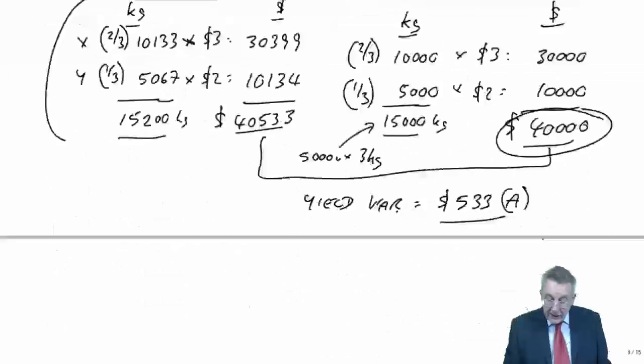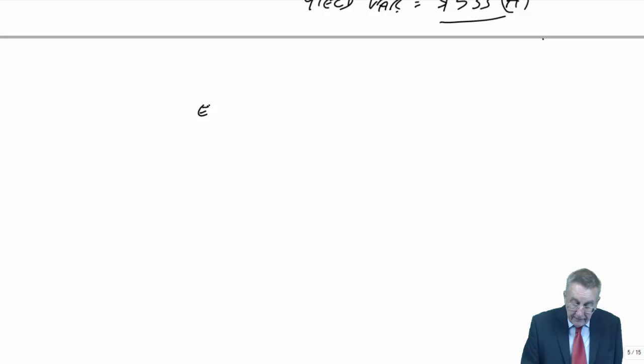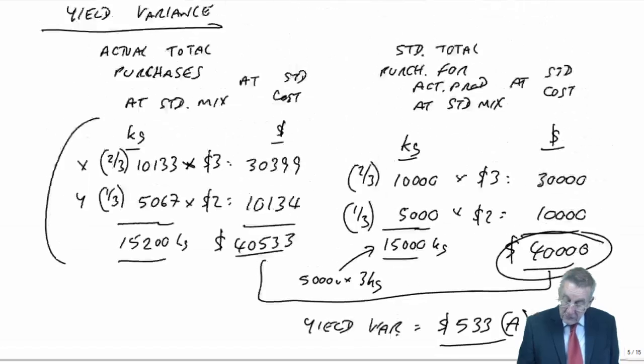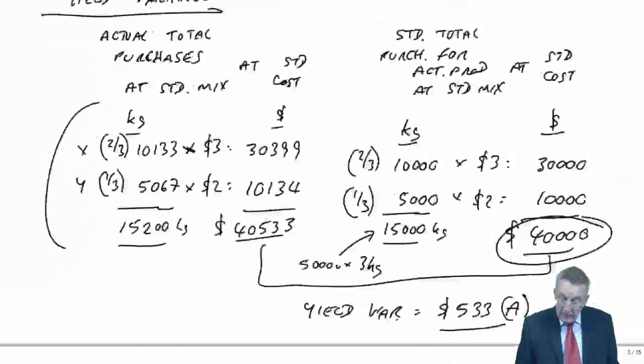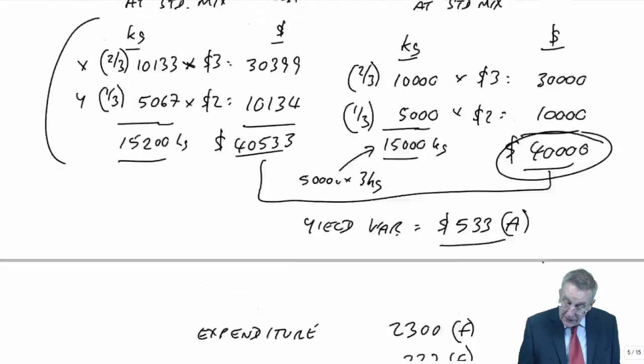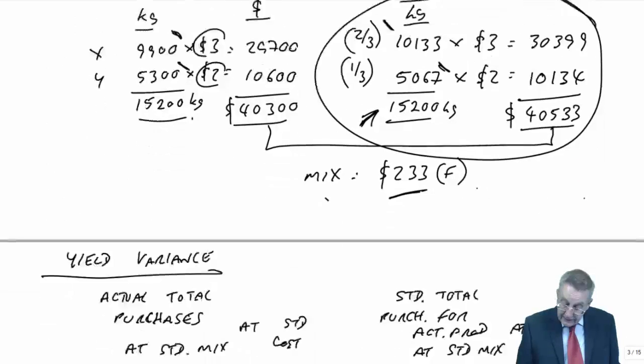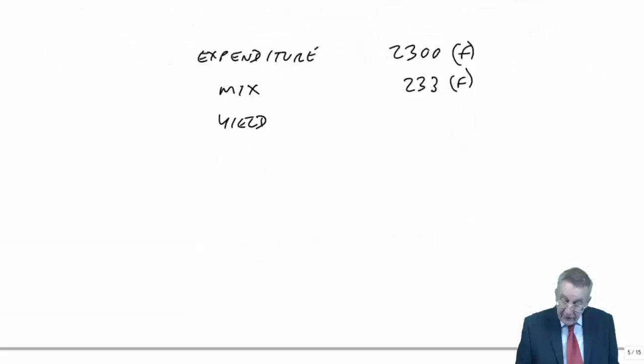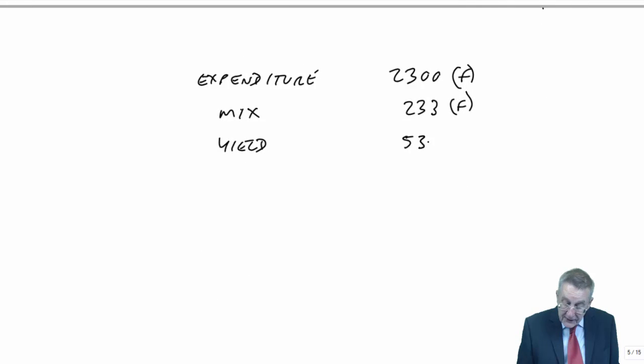If I list the variances, the expenditure variance was 2,300 favourable. The mix variance was 233 favourable. The yield variance was what? 533 adverse.